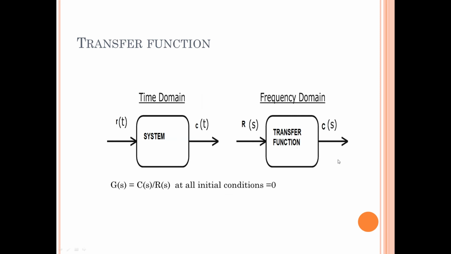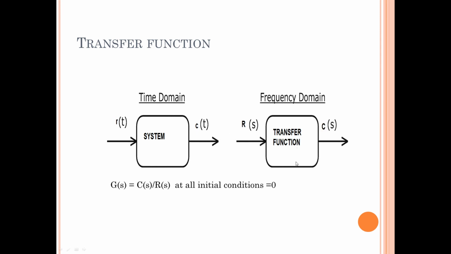The next is the transfer function model. Now, the transfer function is used in the Laplace domain. In the time domain, we have the input R(t), which is given to the system, and according to the input R(t), the system output becomes C(t). Now, in the Laplace domain, we can convert all these equations, so R(t) becomes R(s) and C(t) becomes C(s).